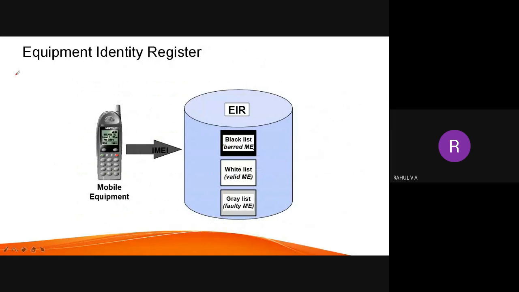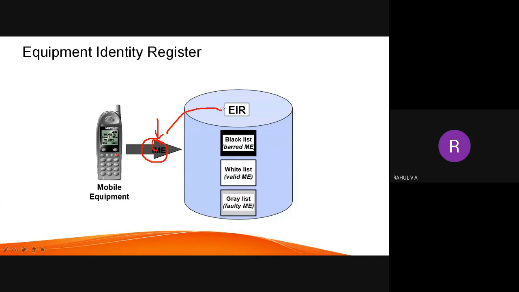That means there is a mobile equipment, and this mobile equipment definitely will have an identification number, the IMEI number. You can see it is written here, IMEI number. And what it will do is, first, the equipment identity register will search.